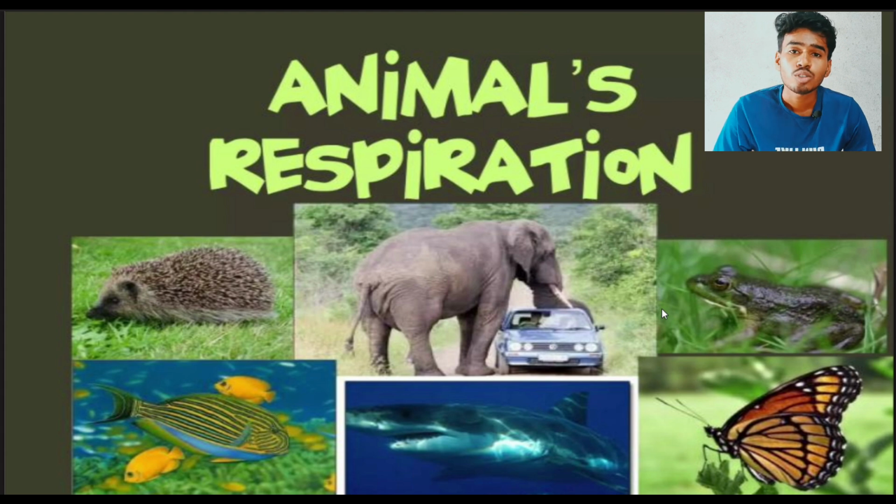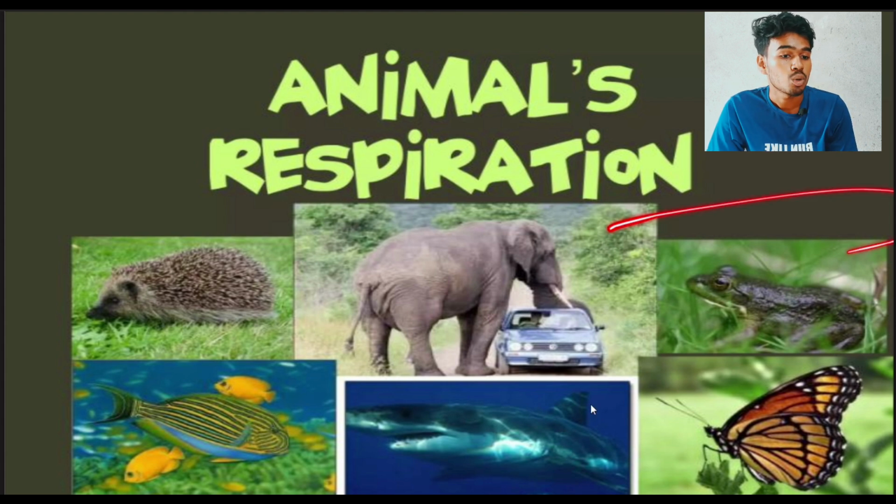There are so many animals, as we all know: insects, butterflies, beetles, earthworms, cockroaches, big elephants, small rats, aquatic animals. All require the process of respiration. Frog is also required the respiration process.